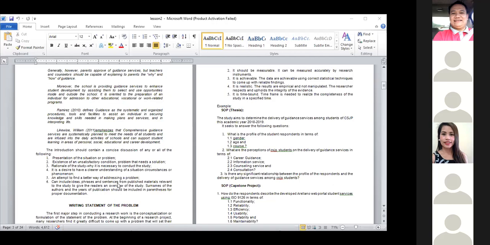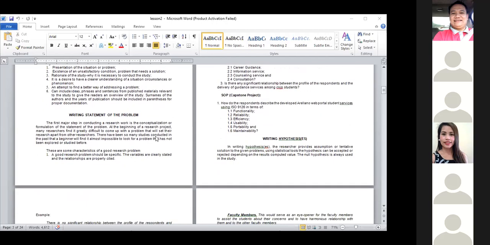So magkakaroon ka ngayon ng peace of mind at madali mong magagawa ang introduction ng iyong research. Ayan. Can include ideas, phrases, and sentences from published materials relevant to the study to give the readers an overview about the study. Okay, so ayan na yung mga dapat nating tandaan.